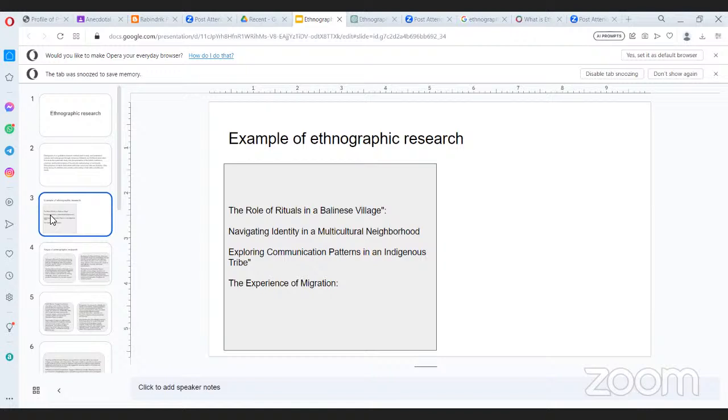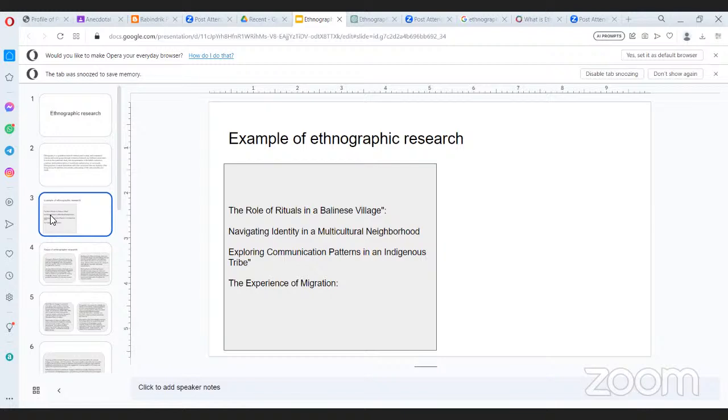I have noted the identity crisis of the tribal people in Manipur, specifically the people who are in the hill areas. Another research might be exploring communication patterns in an indigenous tribe. So here you can find out your subject, from whom you will collect the data. Usually they are the tribal people.